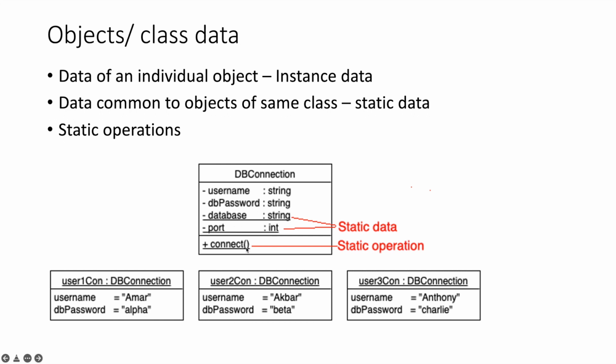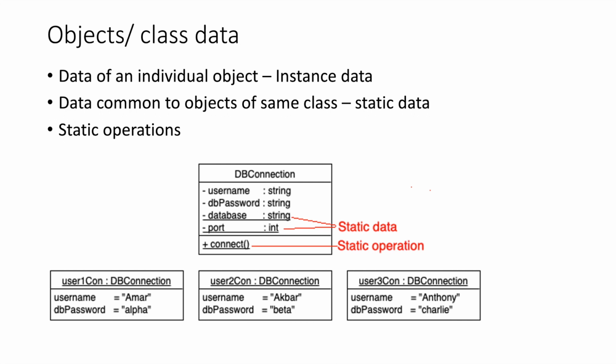Now for operation, it is going to be a little bit different. Even operation connect can be a static operation if it can be called on the DB connection class itself. We know that in case we want to call any operation on a class, we need at least one object. We can always say in our pseudocode, for example, vehicle v equal to new vehicle and v dot start.